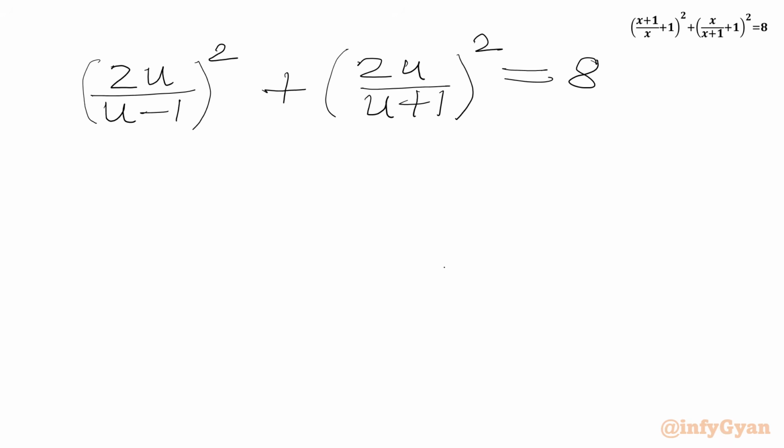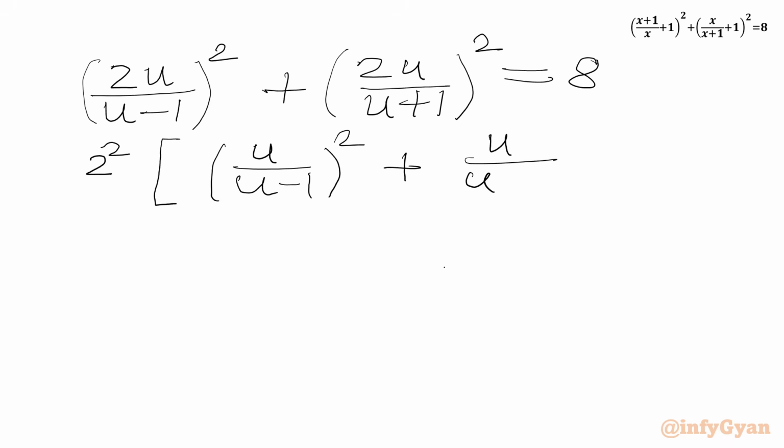Now we will take 2 square common from LHS. So I can write 2 square is common. In bracket there will be u over (u minus 1) whole square plus u over (u plus 1) whole square equal to 8. Now we will divide our equation by 4 both sides.